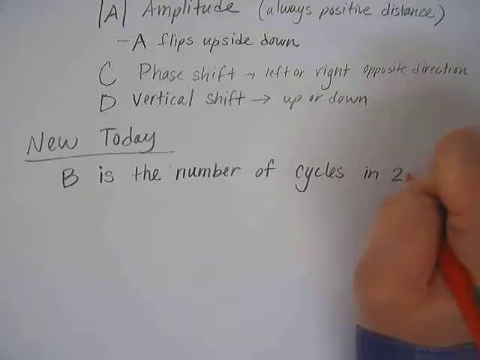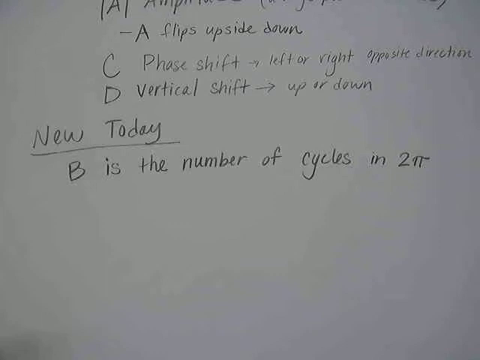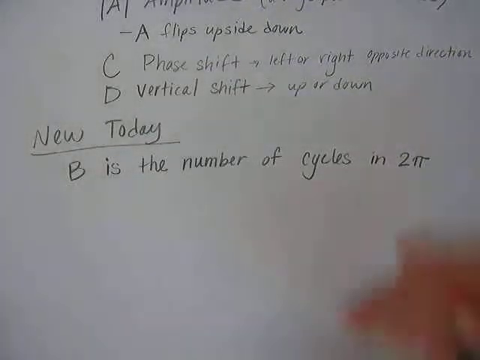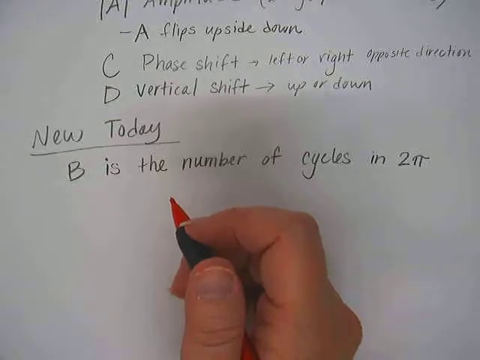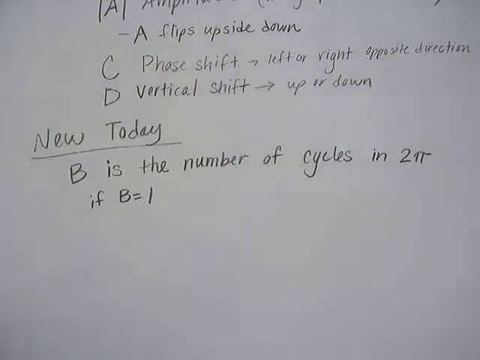B is the number of cycles of the graph in 2 pi. B is the number of cycles, the number of repeats in the graph in 2 pi. So it is going to, you know how we have the amplitude that stretches it this way? This is going to squish or stretch it this direction. It's related to the frequency, yes. Let's talk about that. Okay.